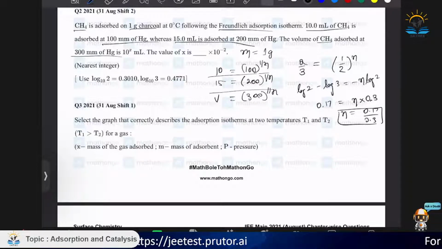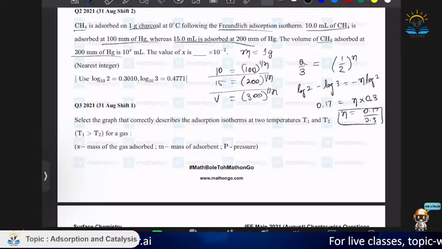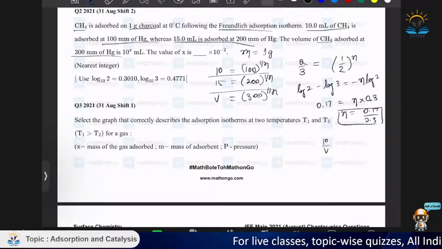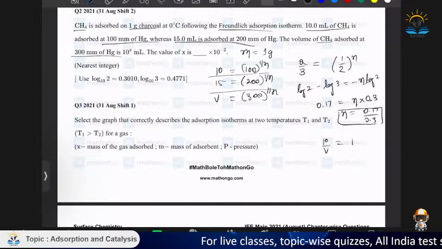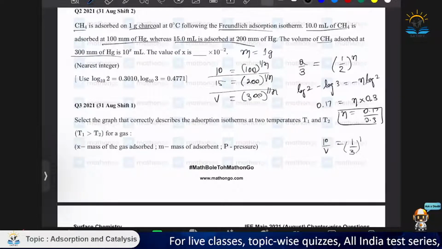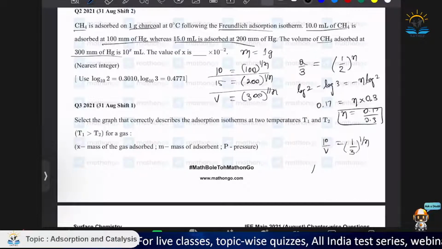Now we divide both of them and we see what it comes. We'll divide it by the first one, 10 by V is equal to 1 by 3 to the power 1 by n. Let's take log on both sides.